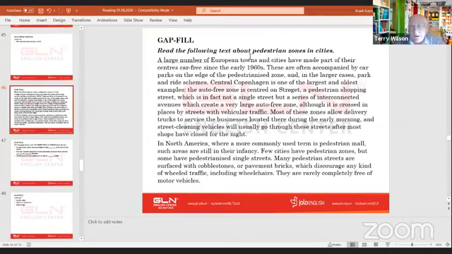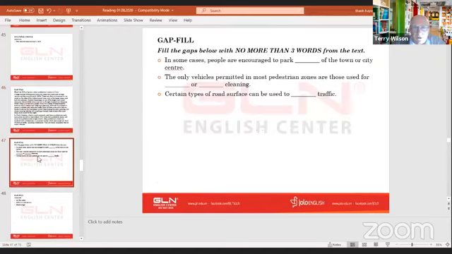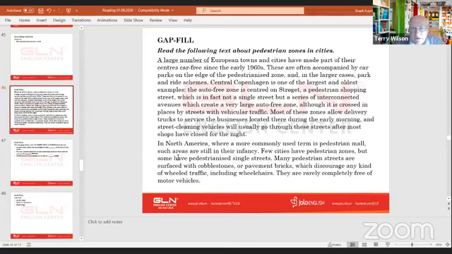So here it says, near the end of the first paragraph, most of these zones allow delivery trucks to service the businesses located in the early morning and street cleaning vehicles at night. So it could be delivery and street cleaning, and road surface must be in the second paragraph.